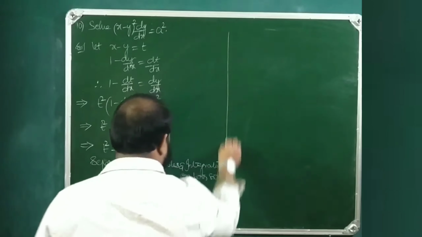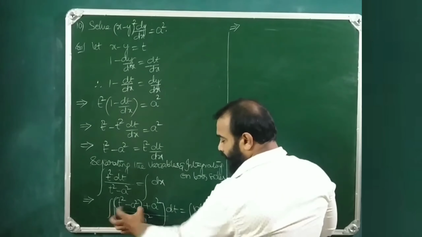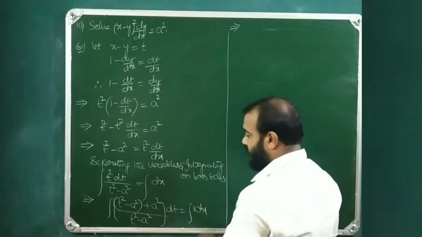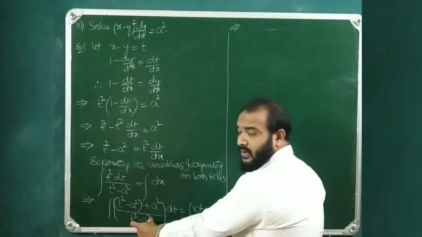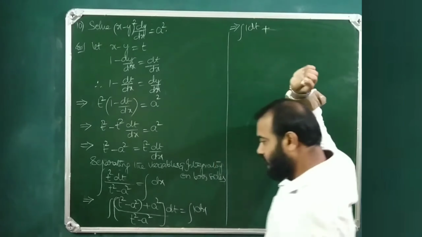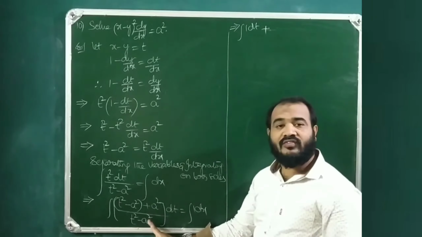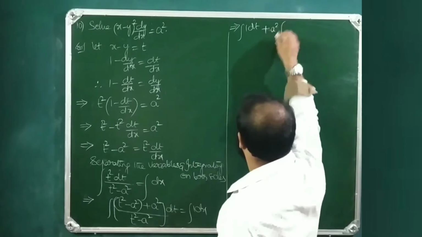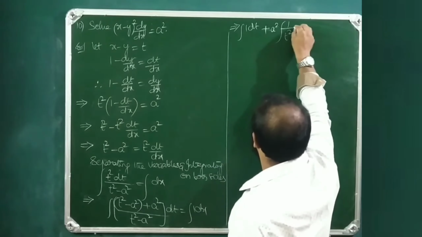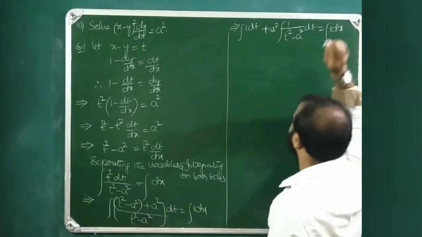This is of the form a plus b by c, that is a by c plus b by c. So t square minus a square by t square minus a square gets cancelled. We are left with integral 1 dt plus a square, since it is a constant, taken out of the integration: a square integral 1 by t square minus a square dt equals integral 1 dx.